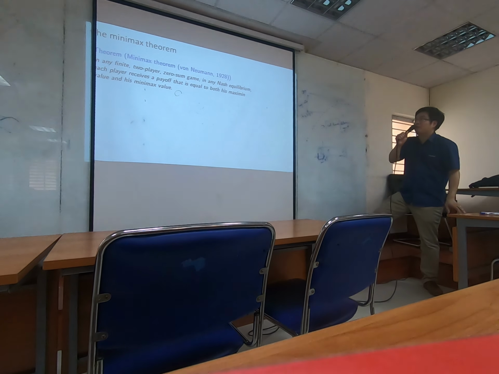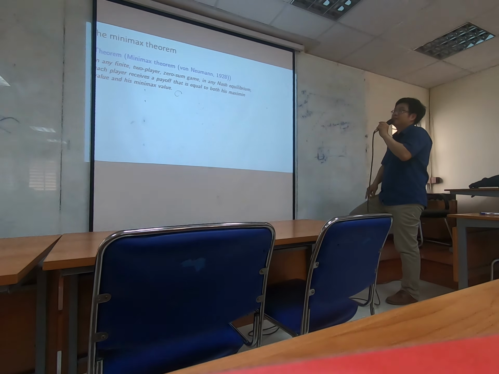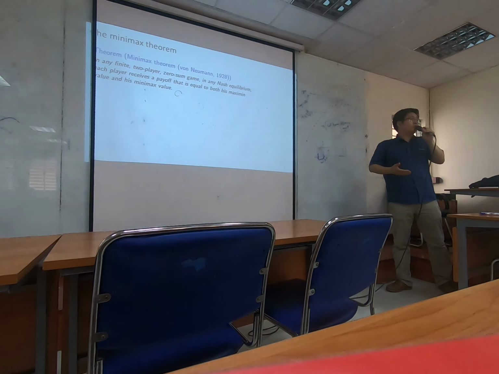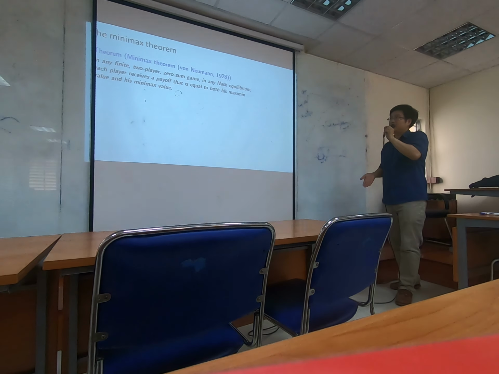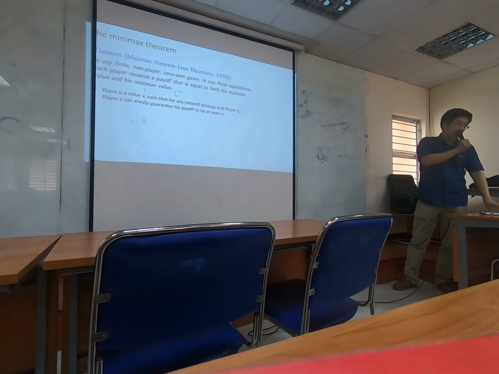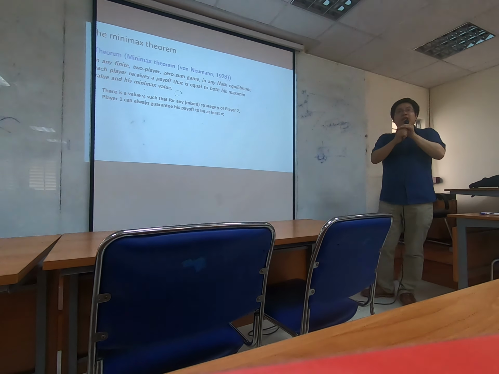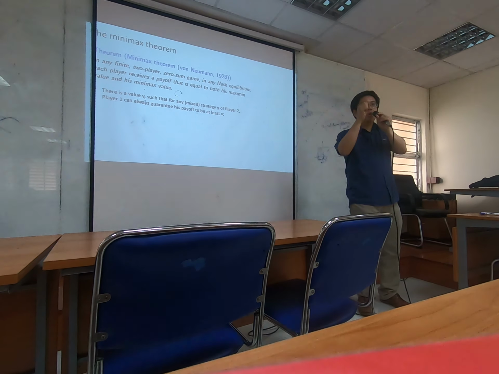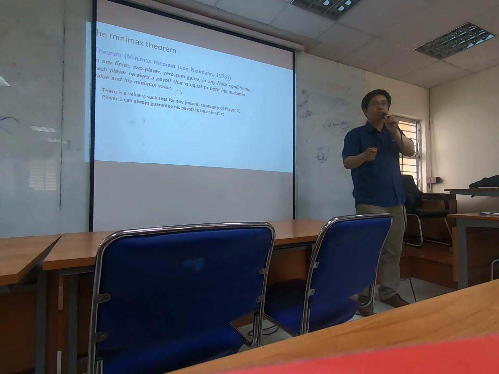And there's a very nice theorem from John von Neumann back in 1928, saying that if this is a zero-sum game, then minimax and maximin are the same, and they call it the value of the game. This means that if I play the minimax strategy, whatever you do, I will be at least as good as the value of the game.